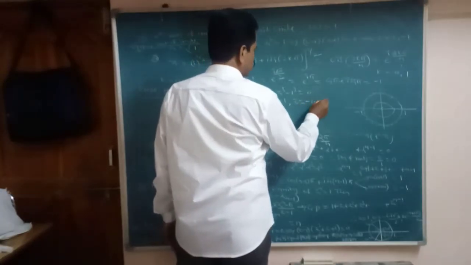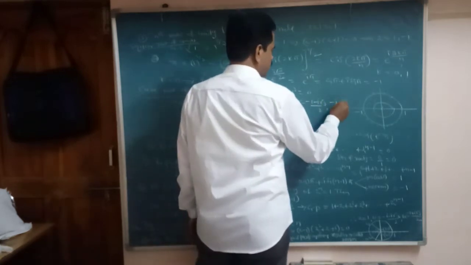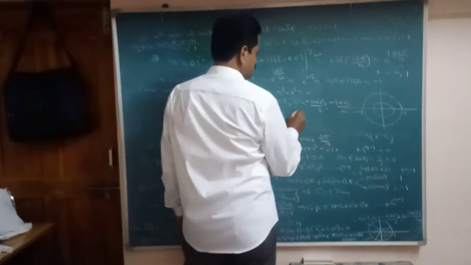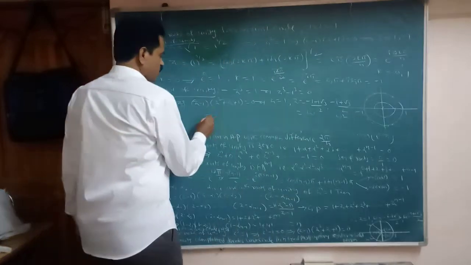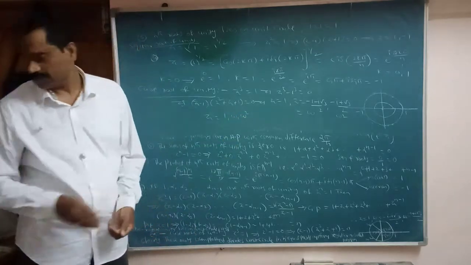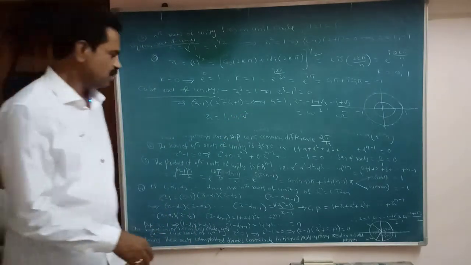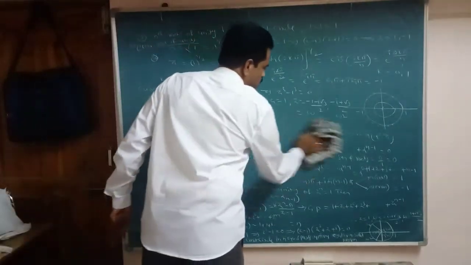Minus 1 minus i root 3 by 2. Here 2 roots will come here, that is minus 1 plus i root 3 by 2. Suppose this is omega and this is omega square. Therefore, what are the cube roots here? 1, omega, omega square. Here we know that 1 plus omega plus omega square is what here? 0.